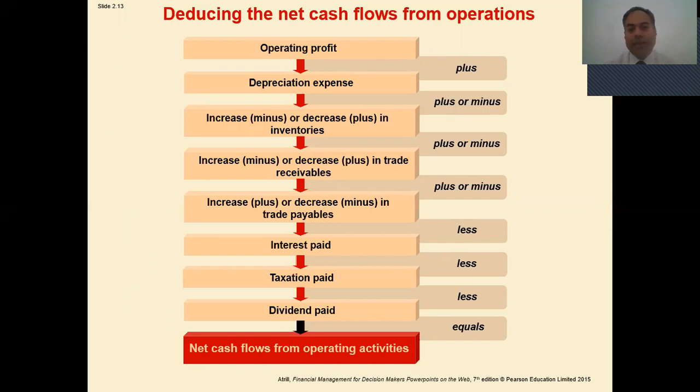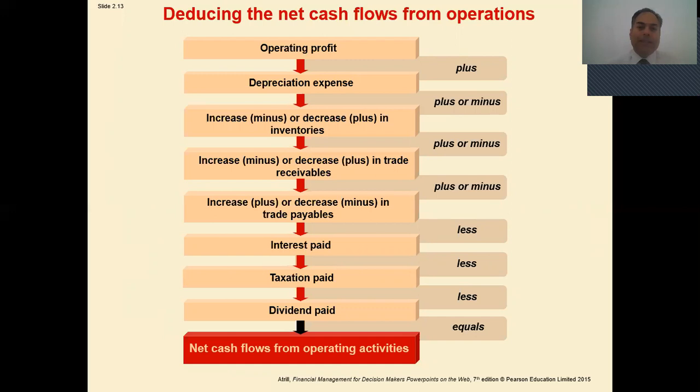The first thing we have to do is translate our profit into what we call net cash flows. We have to adjust for non-cash items, like depreciation, which is a non-cash item but affects our profit, so we add that back in. If I'm putting money into inventories, that's taking my cash away. But if I'm reducing my inventories, I'm bringing cash into my business.